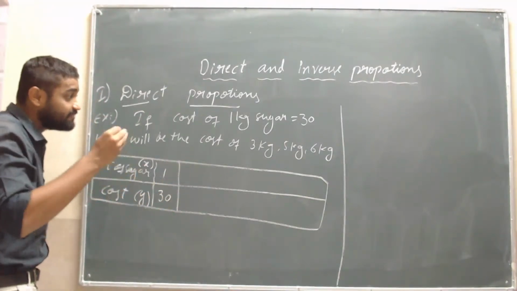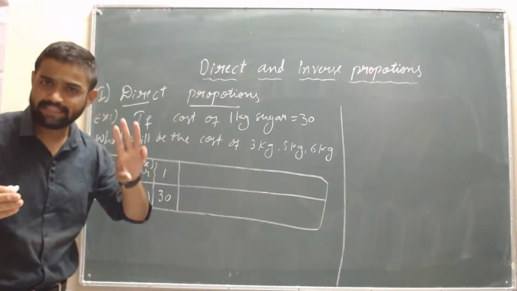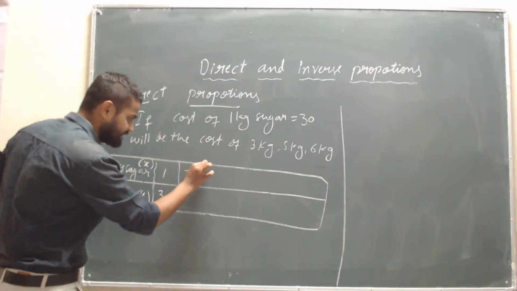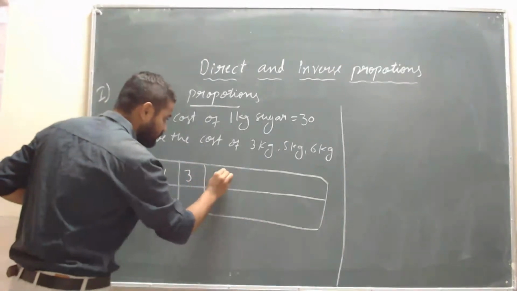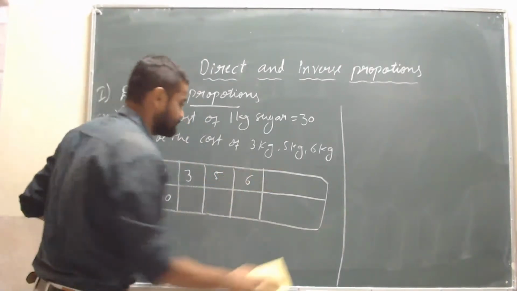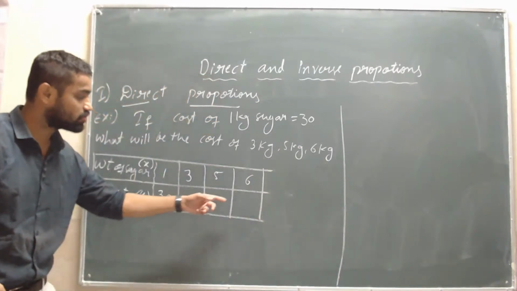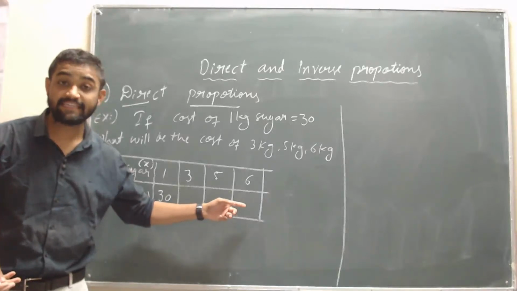Isn't it? And then we have to find the cost of 3 kg and 5 kg and as well as 6 kg.